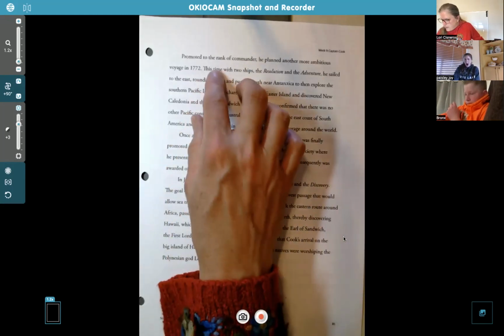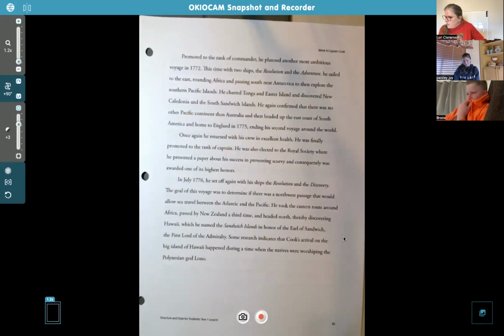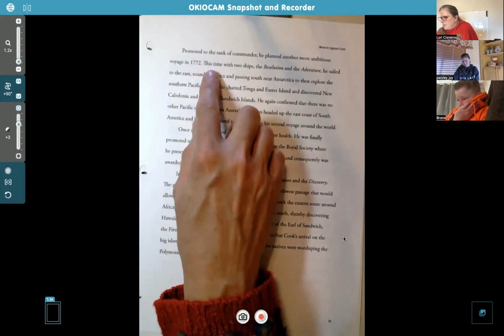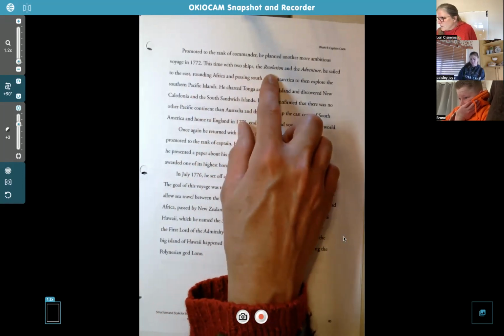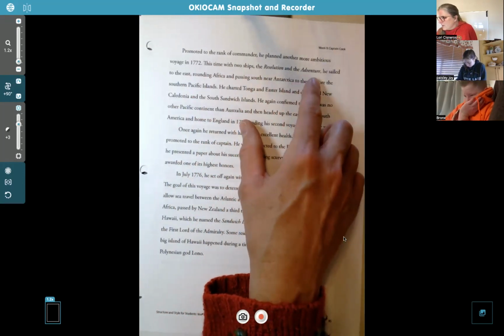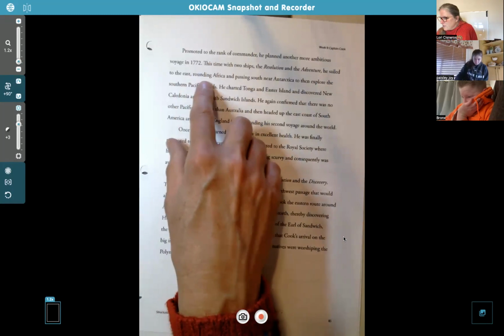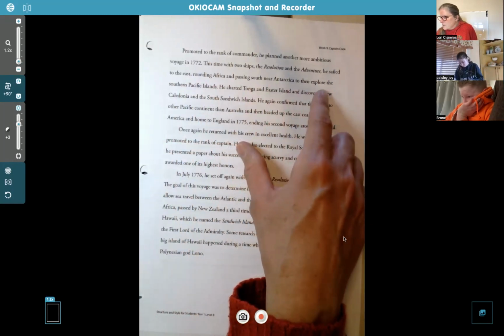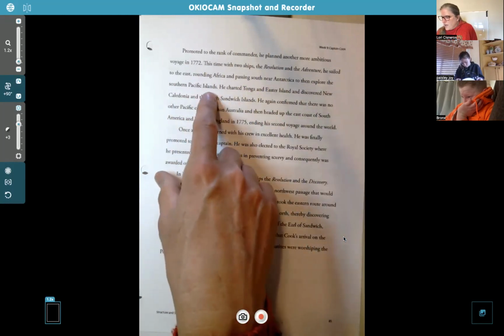Promoted to the rank of commander, he planned another ambitious voyage in 1772, this time with 2 ships, the Resolution and the Adventure. He sailed to the east, rounding Africa and passing near Antarctica to then explore the southern Pacific islands.